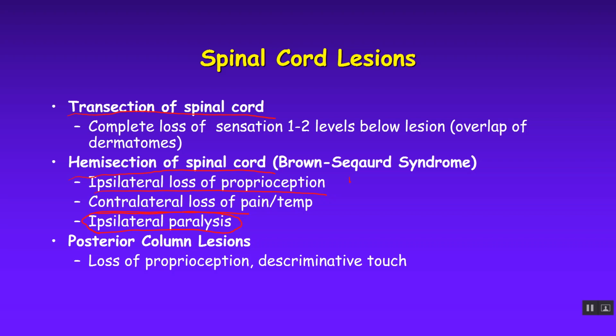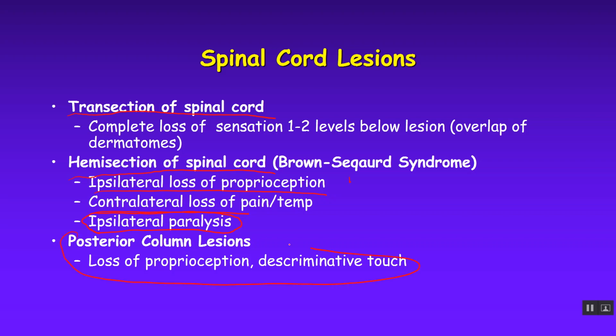Even though this is a contralateral pathway, the loss is ipsilateral to the lesion. So just make sure that if I'm referencing lesions and where they're at and where the functional loss or sensory loss is, and I'm asking you ipsilateral or contralateral, it's about how it relates to the lesion, not whether the pathway itself is an ipsilateral or contralateral pathway. You still need to know that too, but make sure your frame of reference is correct on that. Okay?